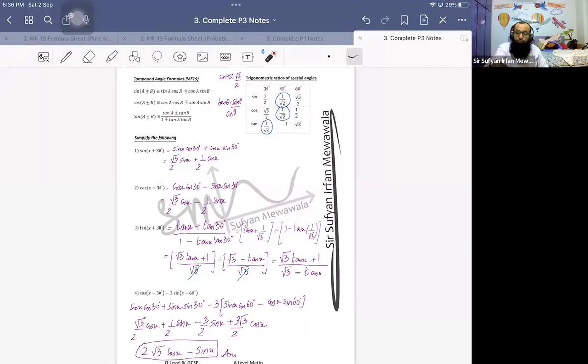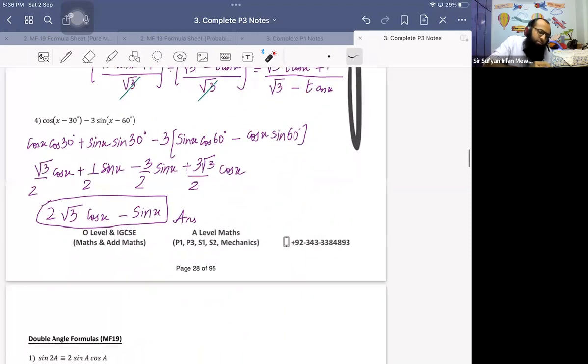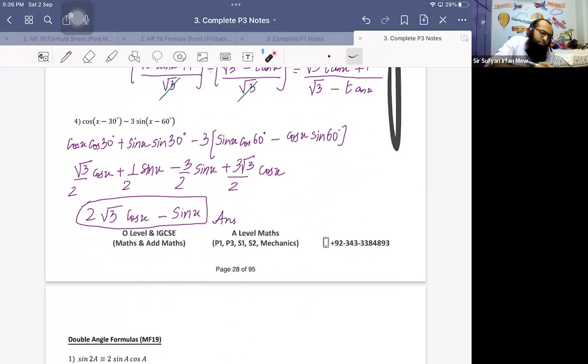For the first line in example 4, why did you take minus cos x sin 60? Look, Ali. Compound angle formula for expansion of cos, if it's a minus, after expansion it gets plus. But if it's sine, then minus remains minus.